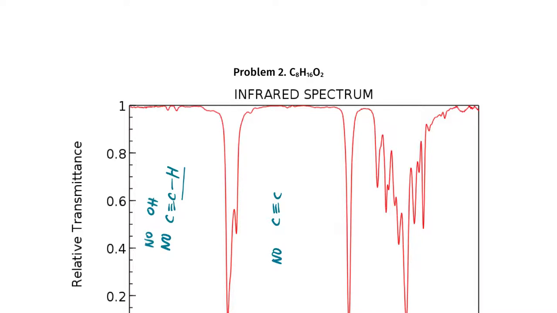Carbonyl. That's probably one of the most useful pieces you can get from IR, because carbonyl does not show on proton NMR. Okay? CO.